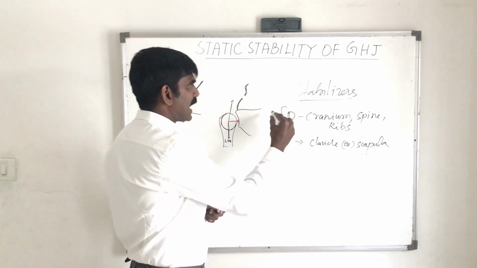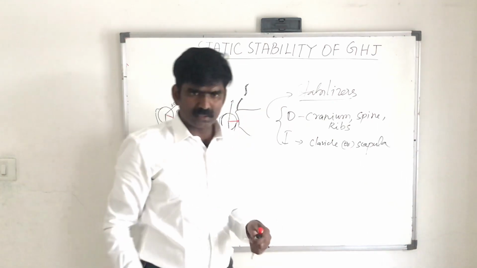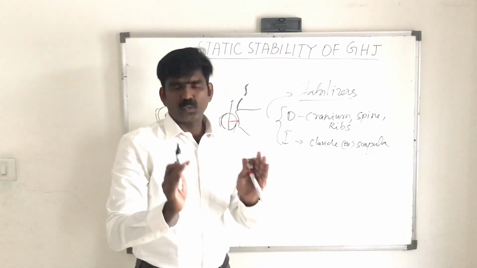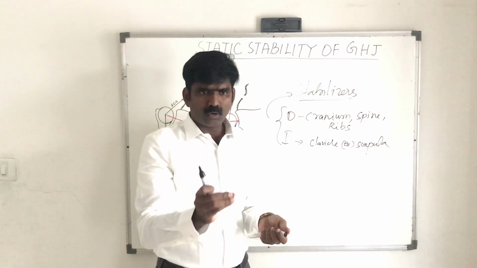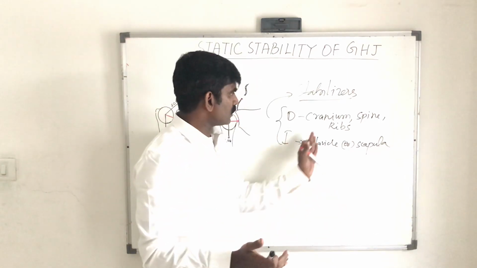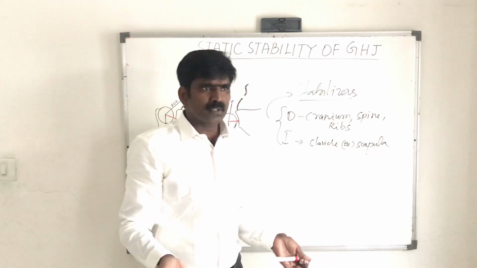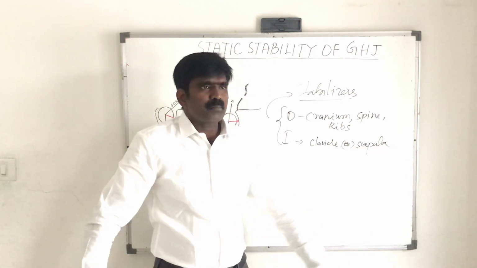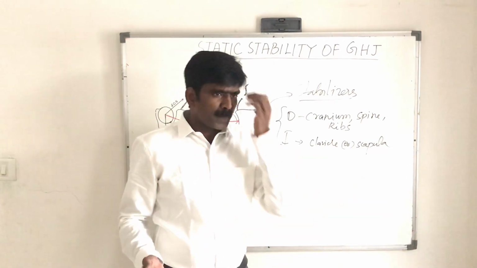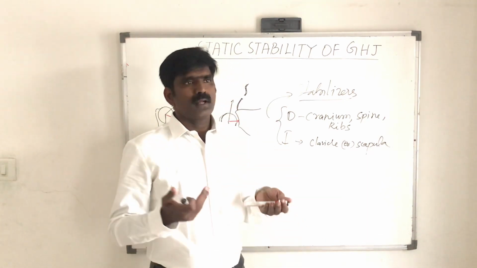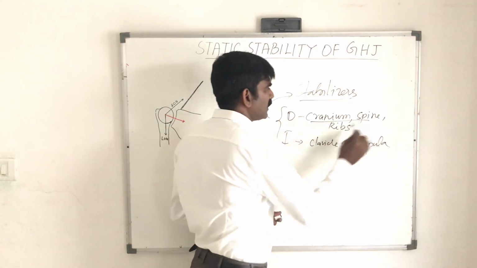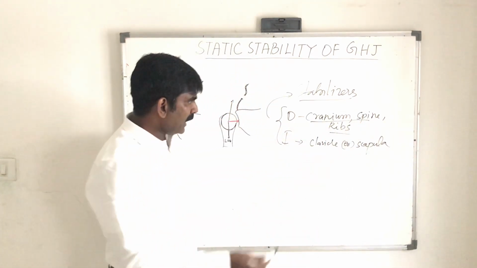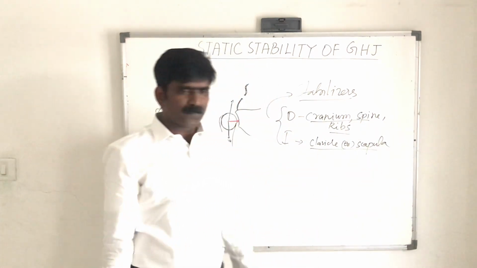So these muscles are called stabilizers. The examples are, there are many examples, upper trapezius, levator scapula and serratus anterior. So these are the muscles which originate from one of these, and insertion is in clavicle and scapula.